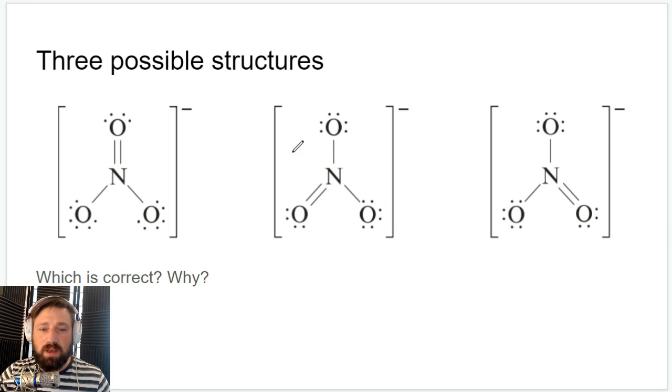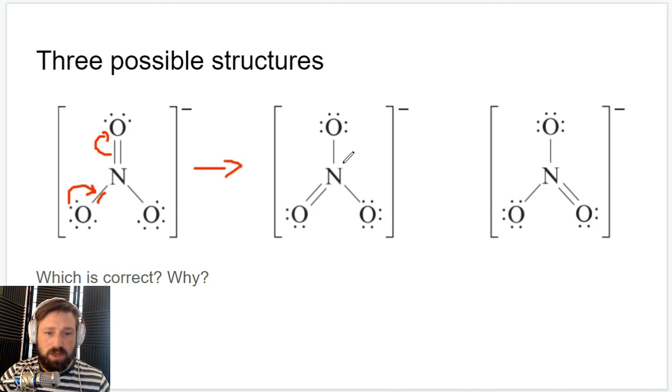In fact, these electrons that are being shared across actually move as well. What we have here, we have a situation where these electrons will move here and make a double bond, and these electrons will move back to become lone pairs. So then that leads us to a situation like here in the middle, where we have a double bond with the oxygen on the left and 3 lone pairs on the top oxygen.